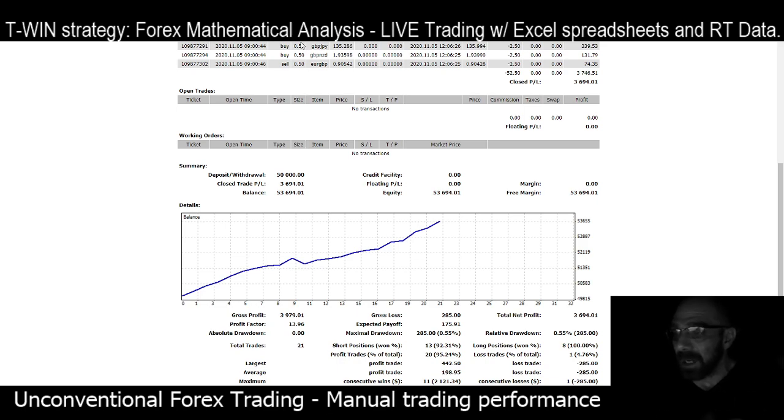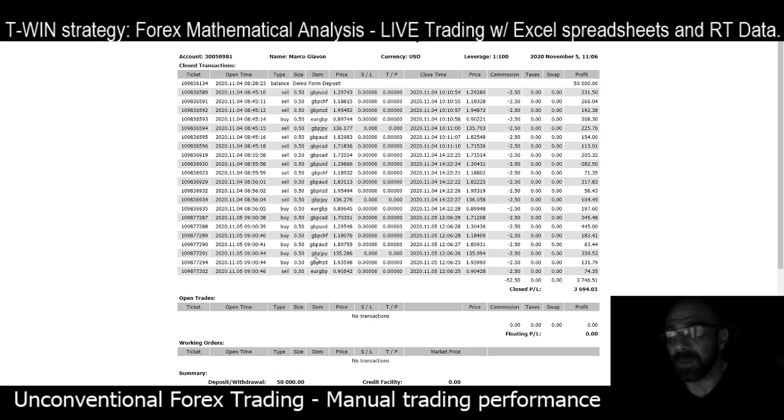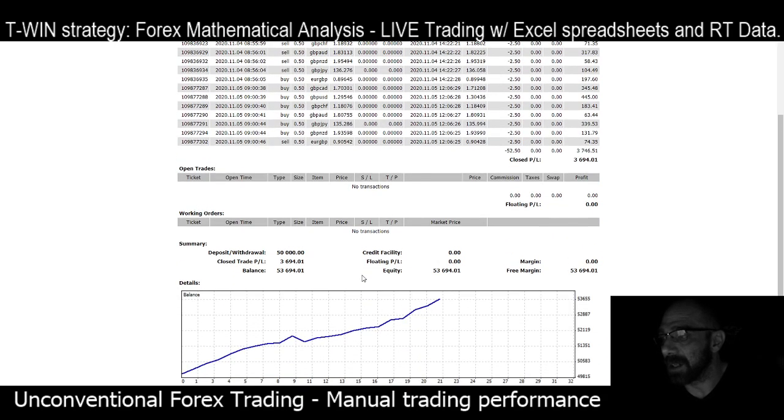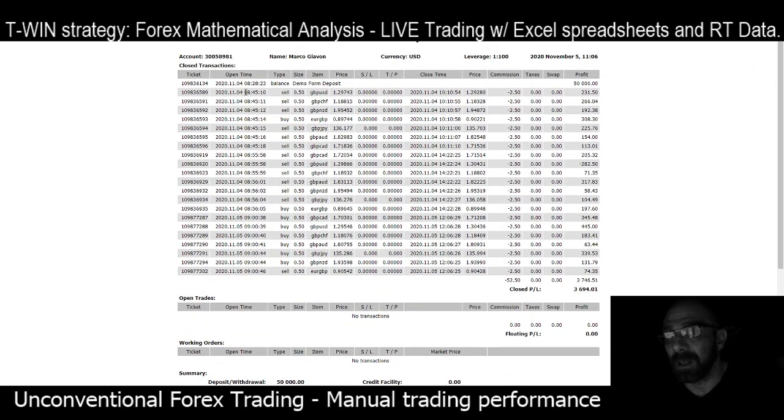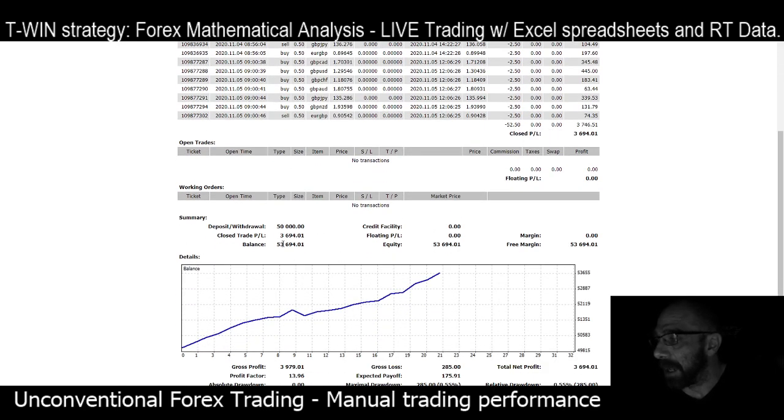So what to say? Basically, this was the original trades starting from the 4th of November 2020 and was for the days the 4th and the 5th, so 2 days of trading, by having this performance with this result.